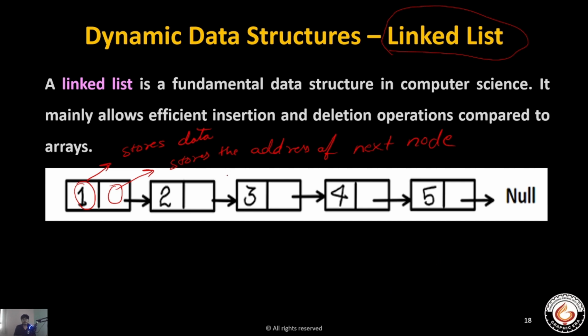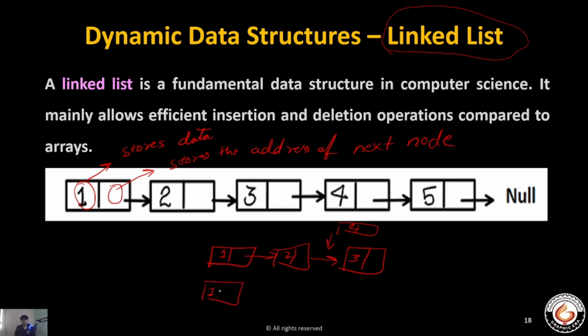Now when we are trying to insert data, this is a linked list: node 1 is pointing to another node 2, and it's pointing to another node, 3. If we want to insert a new element 4 here, how will we do it?